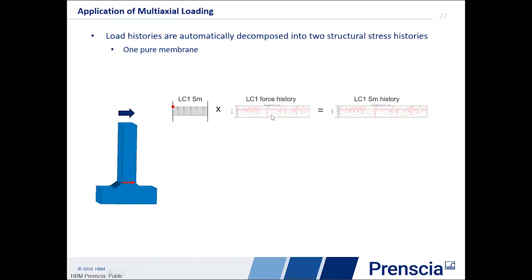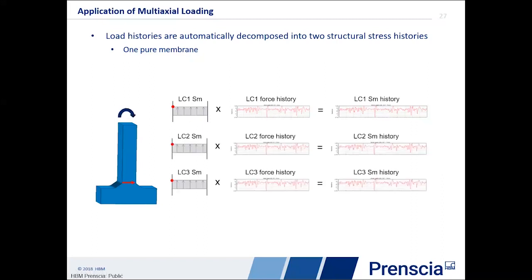And what I get now is a structural stress history for that particular load. And I can go off and duplicate this for each load in my structure. So for each load coming into my structure, I'm going to calculate a structural stress history. You could think of these as basically nominal stresses that I'm going to go in and use as the driving far field stress on my crack.